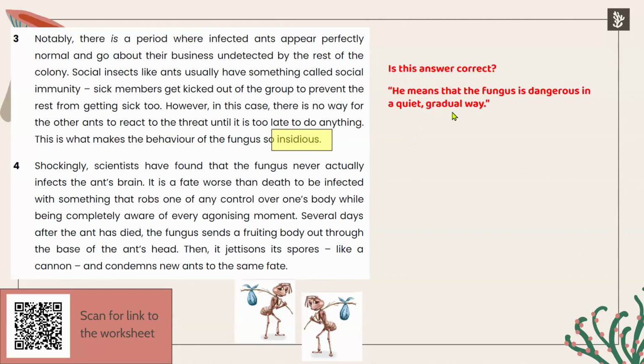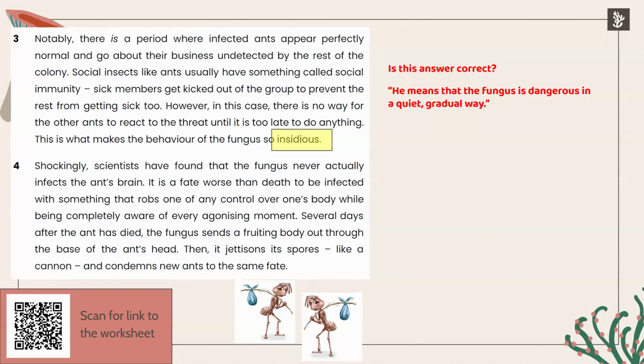Now, if I were to use the definition in my answer: he means that the fungus is dangerous in a quiet, gradual way. Do you think this answer is okay? So what's wrong about it? Good.